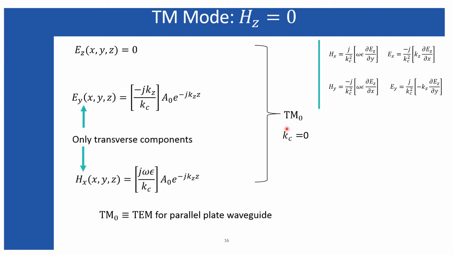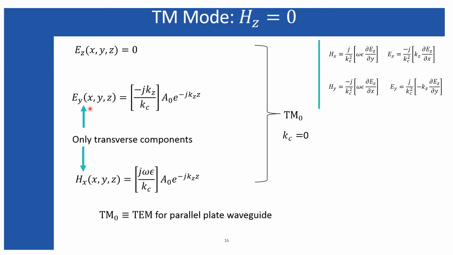For example, if you put n equals 0, the TM0 mode will result, and the properties of the TM0 mode are this. Ez will be 0 because Ez includes the sine term with this n expression. So TM0 will contain only Ey and Hx, but they are constant.